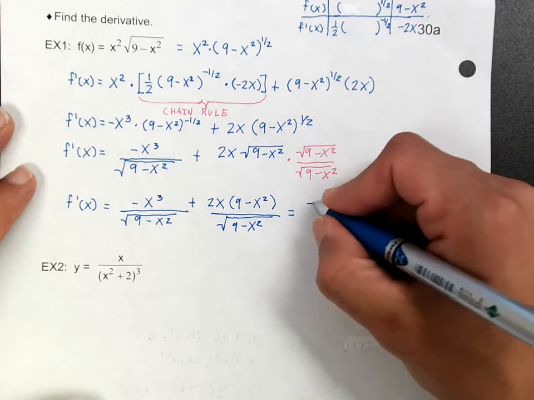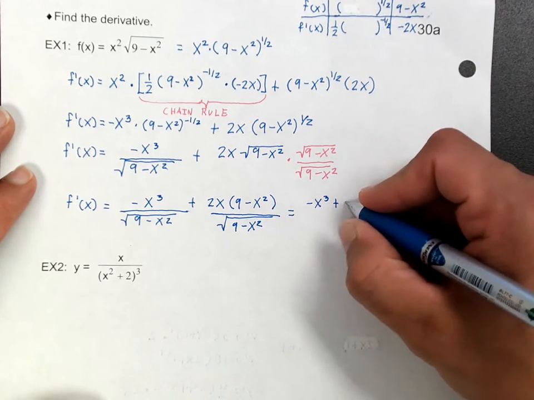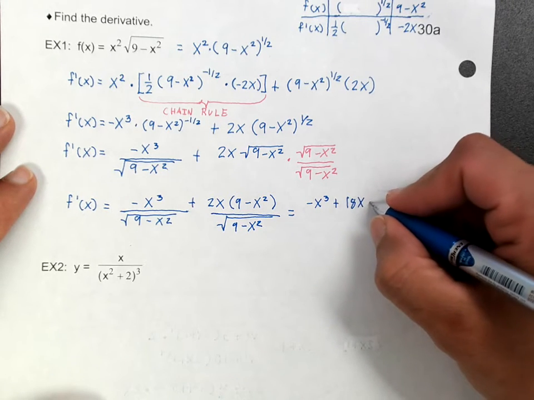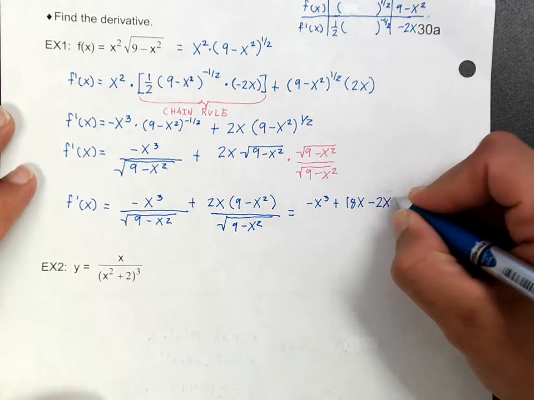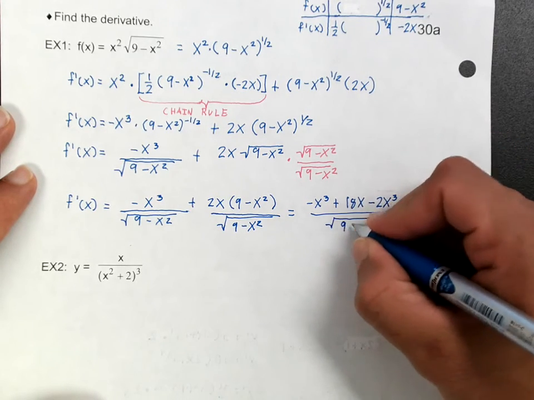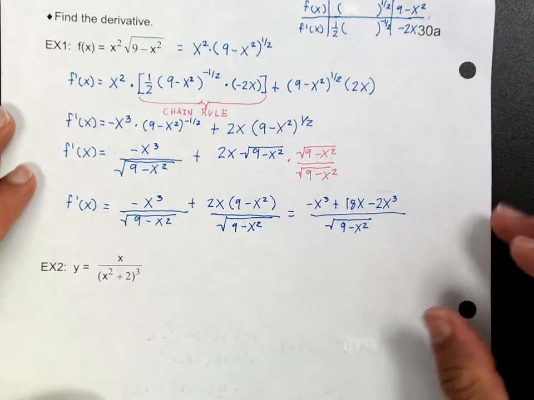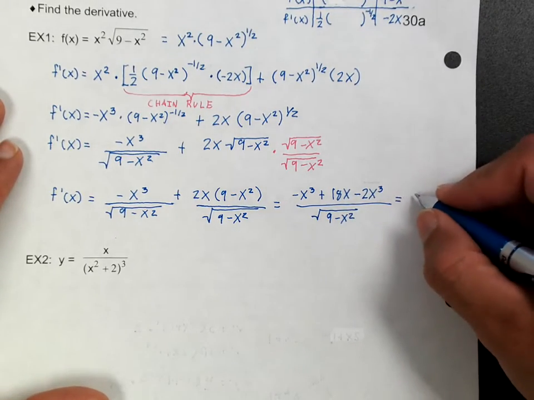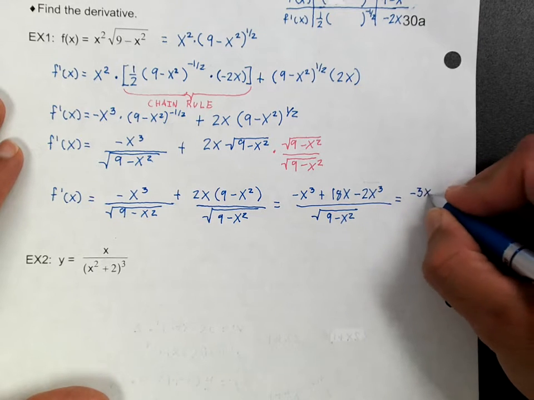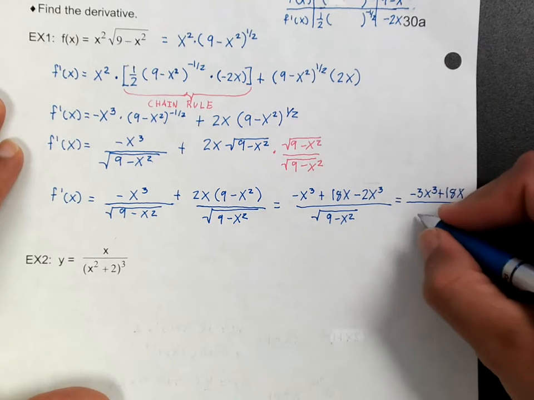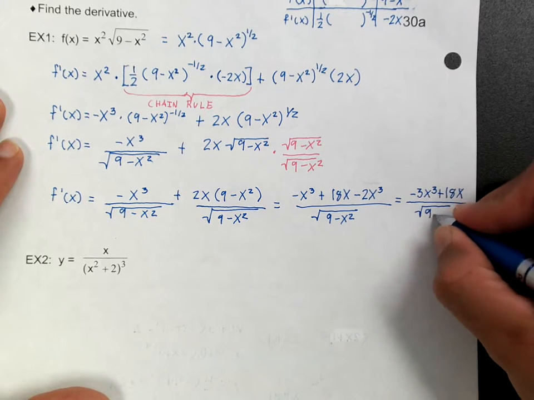So I have negative x cubed plus 18x minus 2x cubed all over the square root of 9 minus x squared. So I went ahead and wrote all of this under the same denominator. And if you combine like terms, you would have negative 3x cubed plus 18x over the square root of 9 minus x squared.